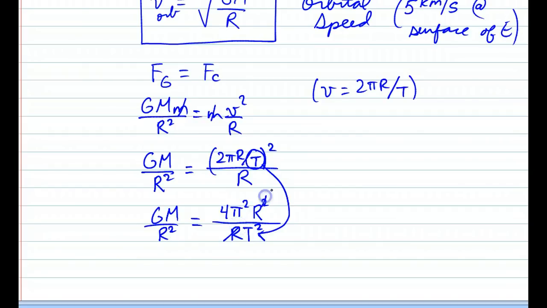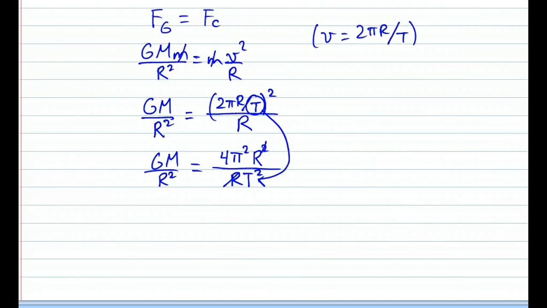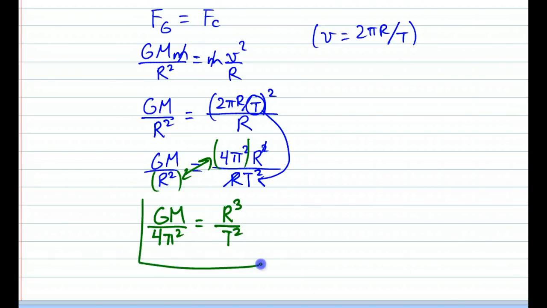One of these R's is going to go away, and if I move my 4 pi squared to the other side, and if I flip the R squared, I will get GM over 4 pi squared is equal to R cubed over T squared. And that is what we said previously was Kepler's third law.